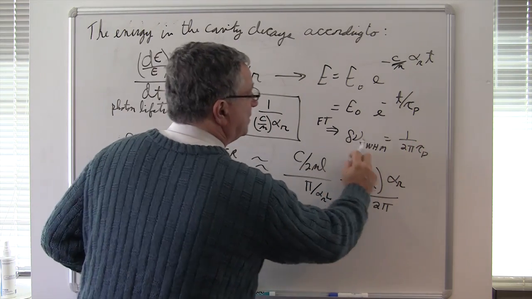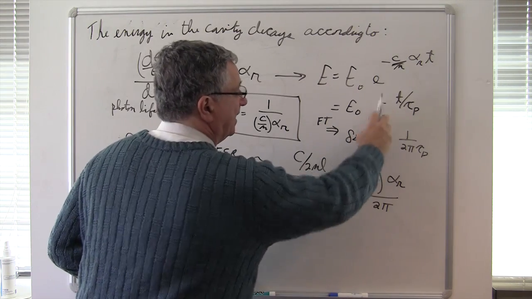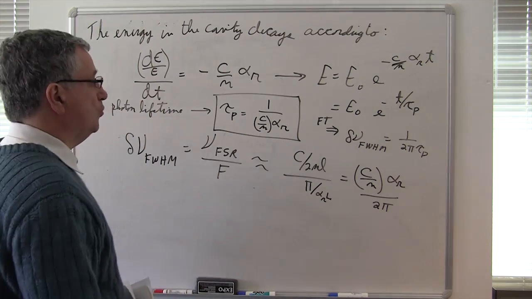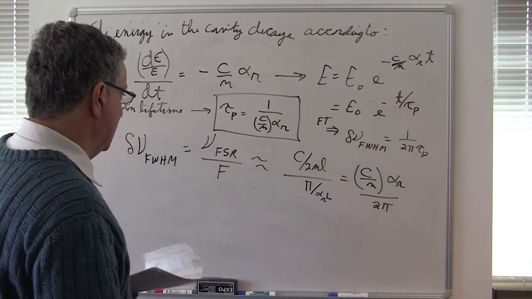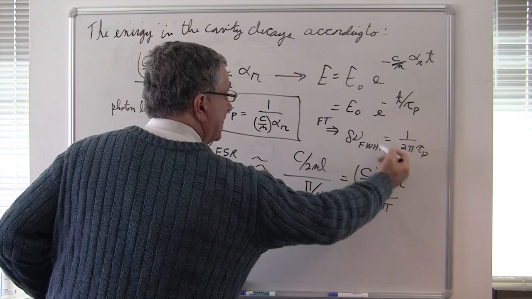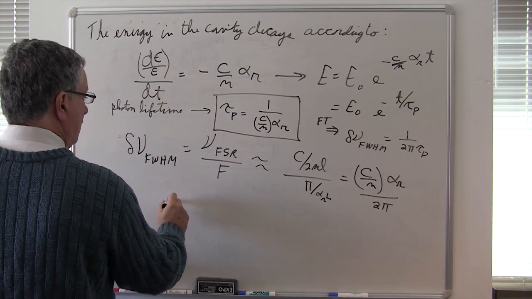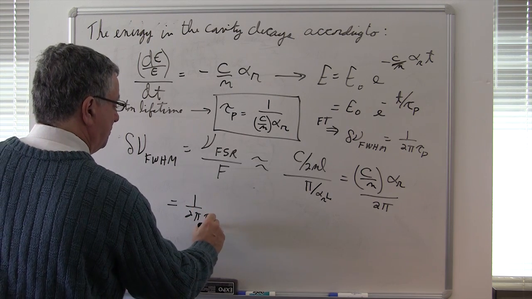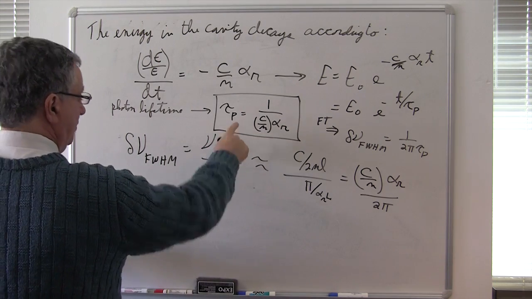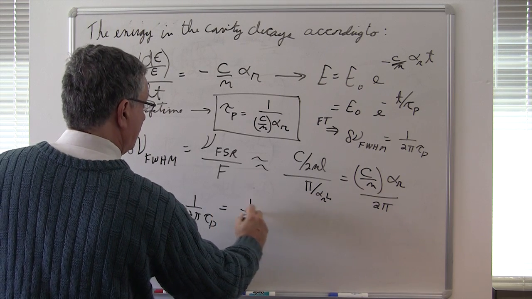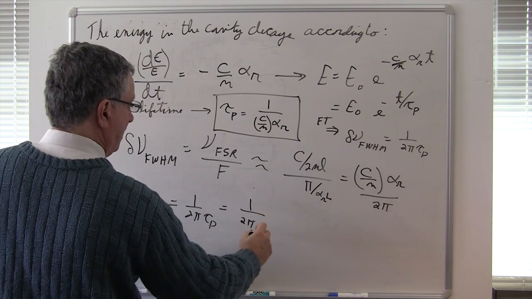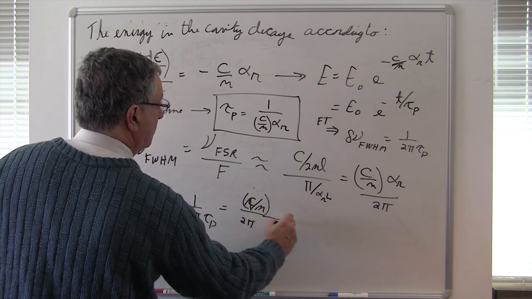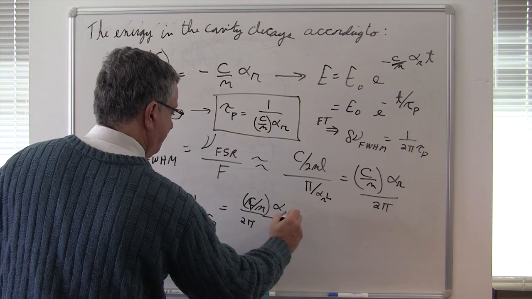So the width in the frequency domain associated with this decay of the cavity, it means that you have the full width half max to be 1 over 2 pi tau p. So now, if you use that expression for the full width half max, 1 over 2 pi tau p, and then use the tau p given by this, you get in the numerator c over n multiplied by alpha r.